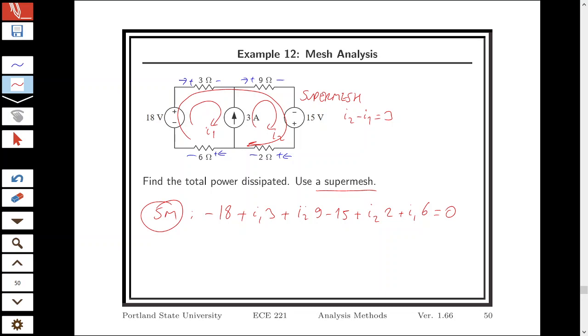So instead of I2 from here, insert I2 equals I1 plus 3.